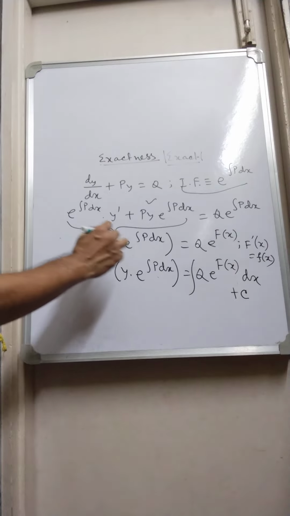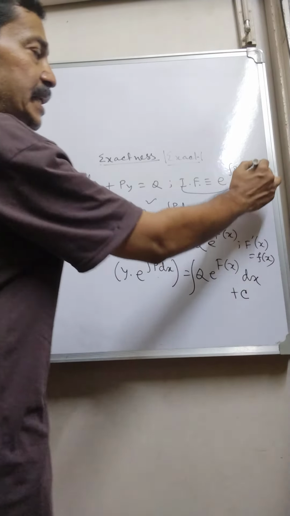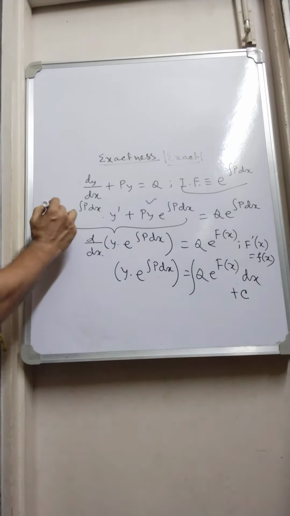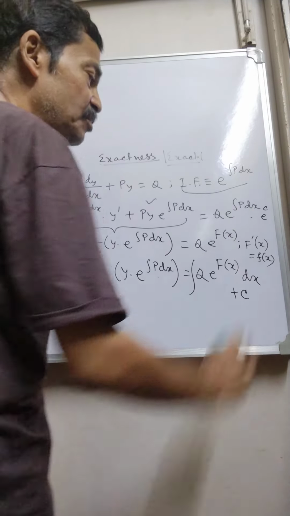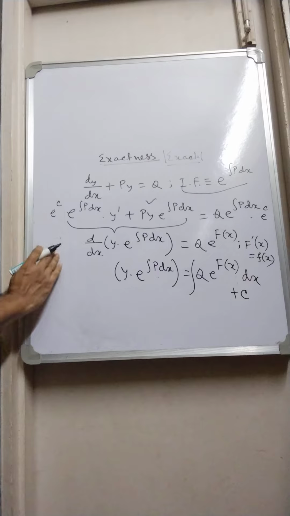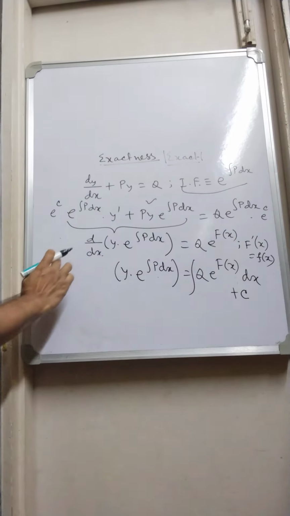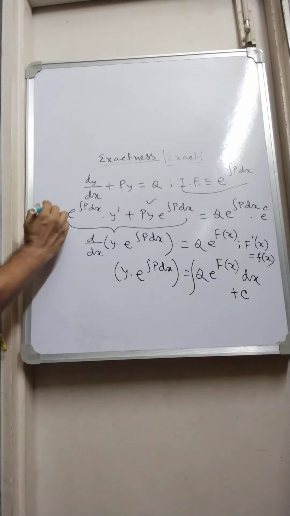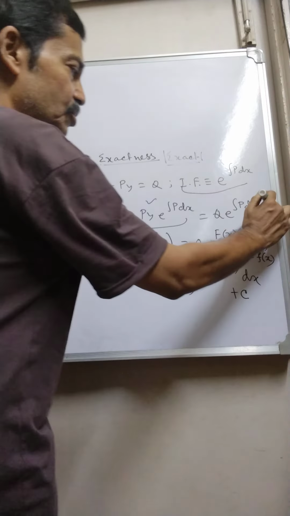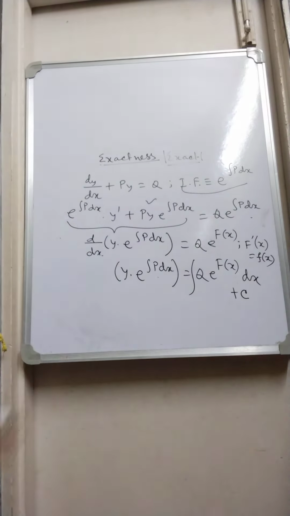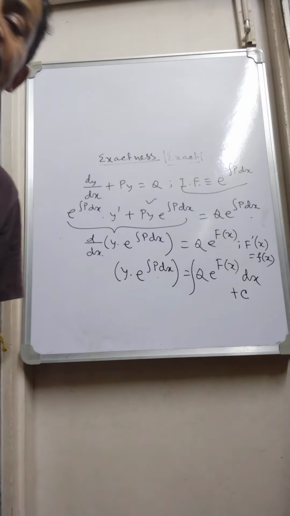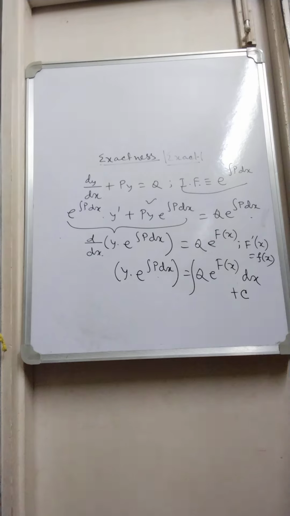If we had used an integration constant here, the constant of integration c, or we may replace it by k, would cancel out. That doesn't make any difference. So this is a very vital clue which one should remember: why we ignore the integration constant in case of the integrating factor.